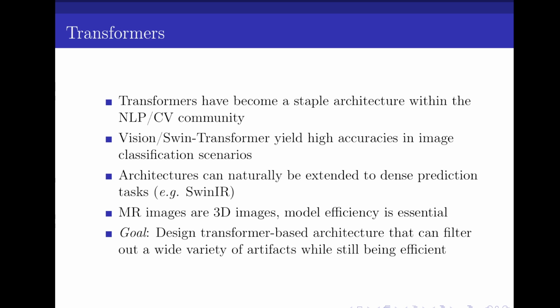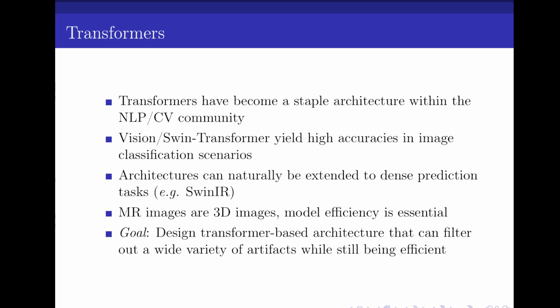Transformers have become a staple already some time ago within the NLP community, and they have been shown to work also very well within the computer vision community. This has started with vision transformers, which are commonly referred to as ViTs, and it has continued with Swin transformers. These architectures can be extended to dense predictions, as has been done with SwinIR.